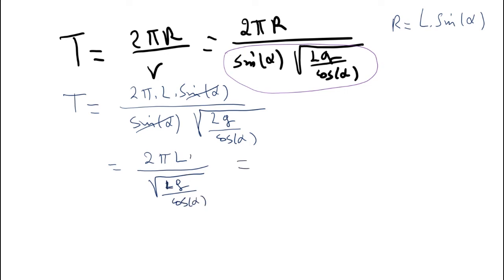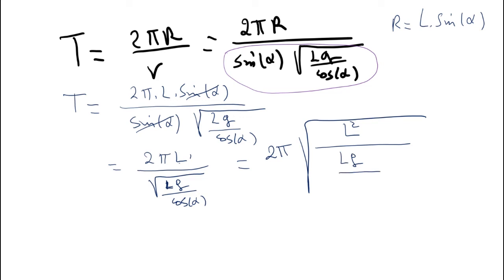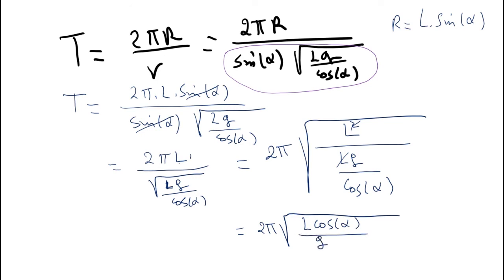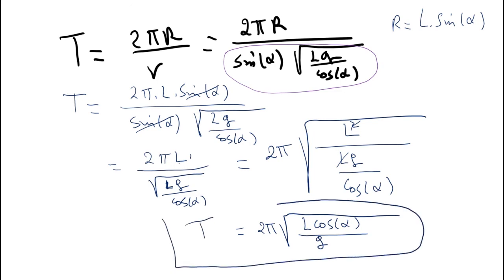We need to put everything inside: it will be 2 pi square root of L squared, because we put this L inside the square root, divided by Lg over cosine of alpha. One L vanishes, so it will be L cosine of alpha over g. Okay, so this is what will be the period, which is the time it takes the object to make one complete circle.